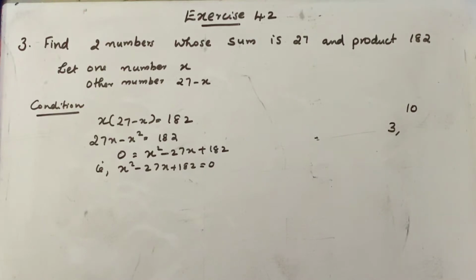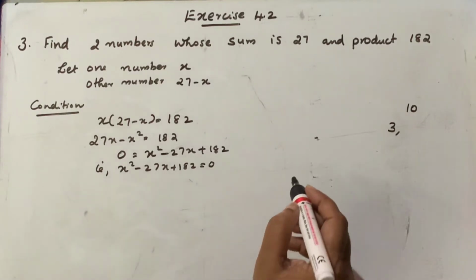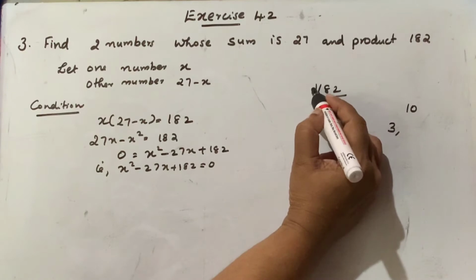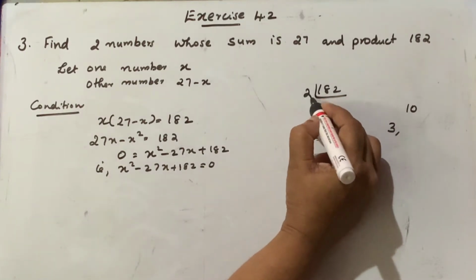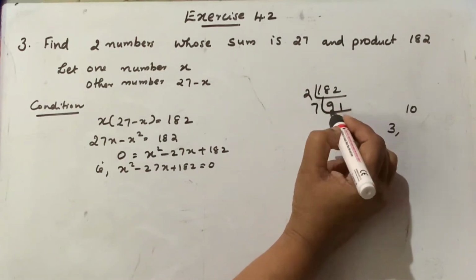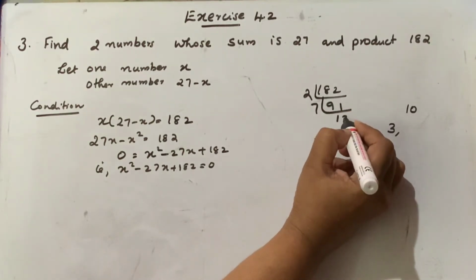Now, this is the quadratic equation. You can simplify this equation. We will use the factorization method. See, what are the factors here? How will you factorize this 182? Make 182 into prime factors, that is 91, 7 and 13.